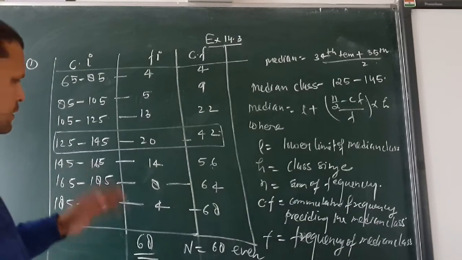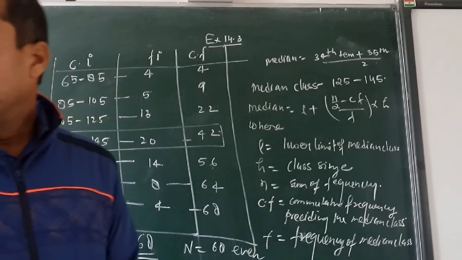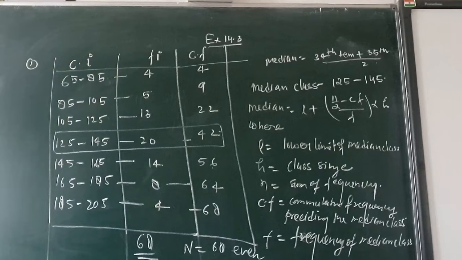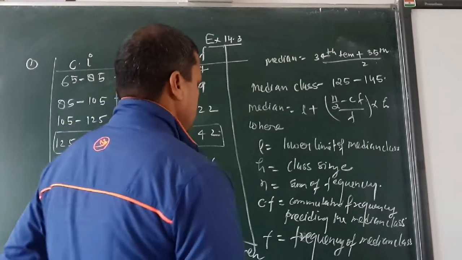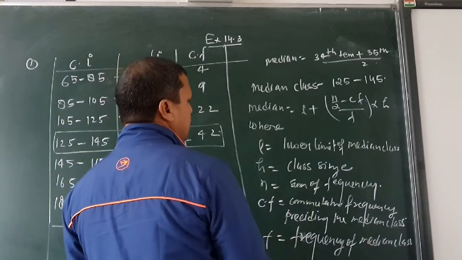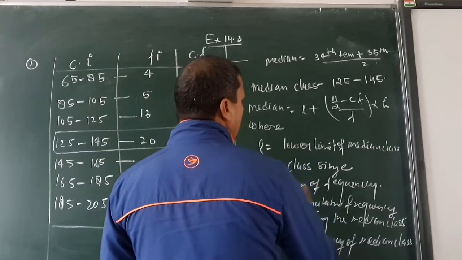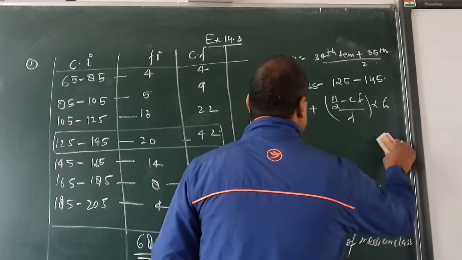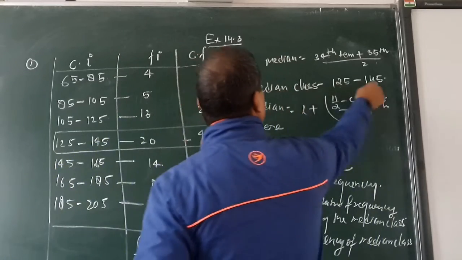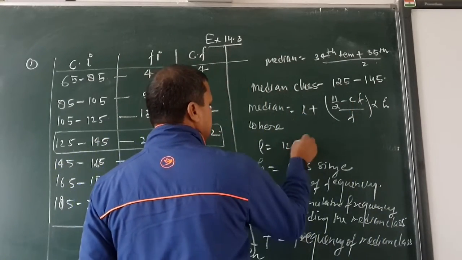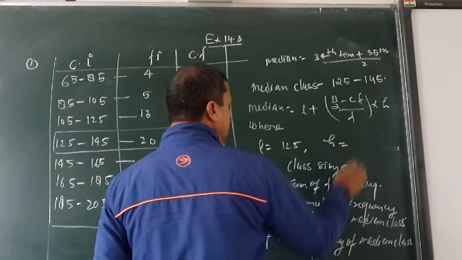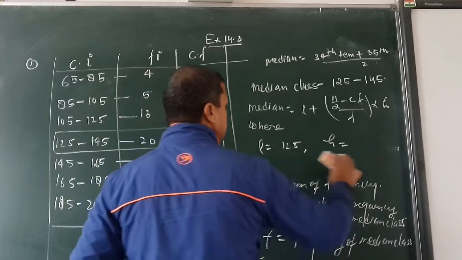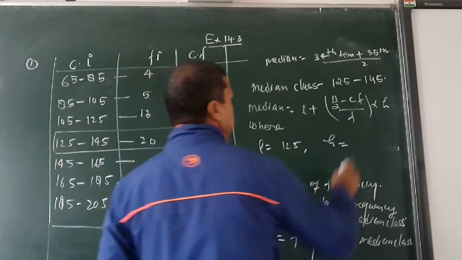So this is the explanation. Write down L equals lower limit of the median class. This is the median class and the lower limit is 125. h equals class size. Class size means what?